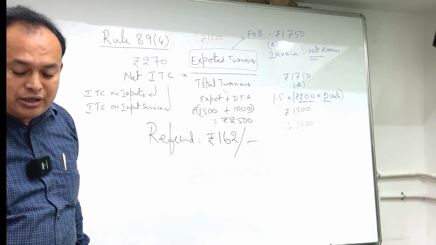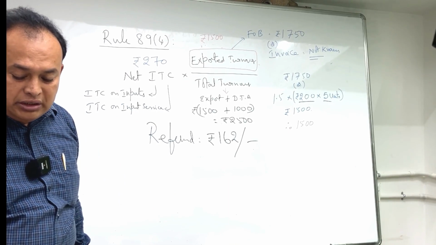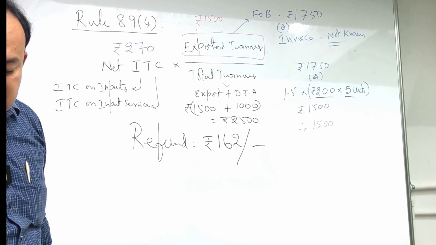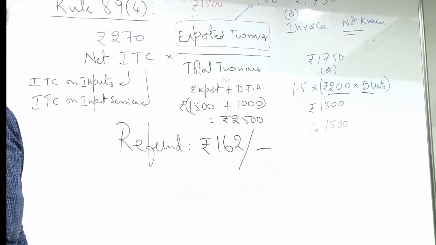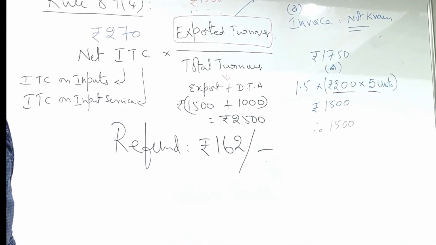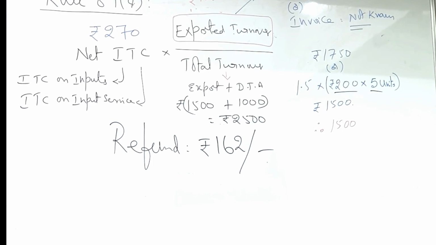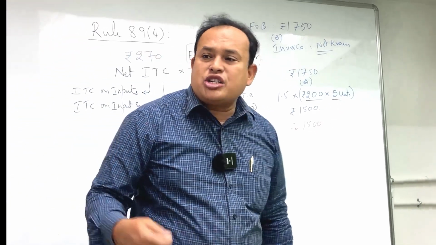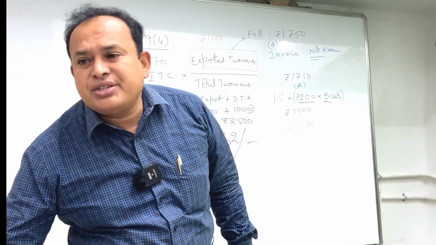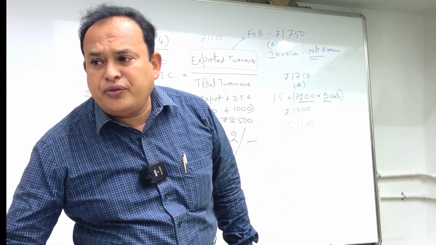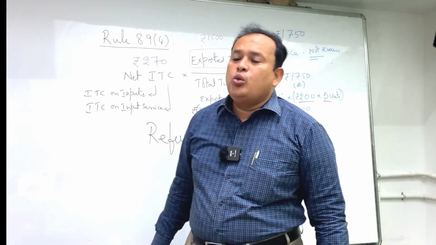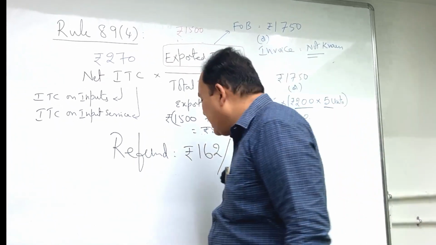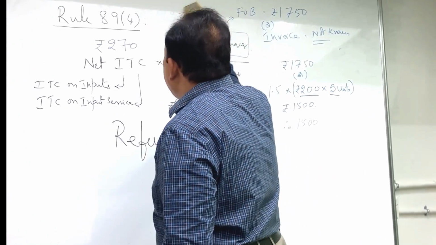Coming back to our regular study, page number 337. There is inverted rate of tax. What is inverted rate of tax? How to claim the refund? I will explain to you.